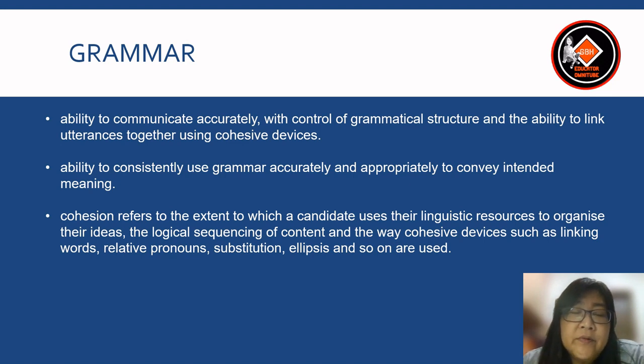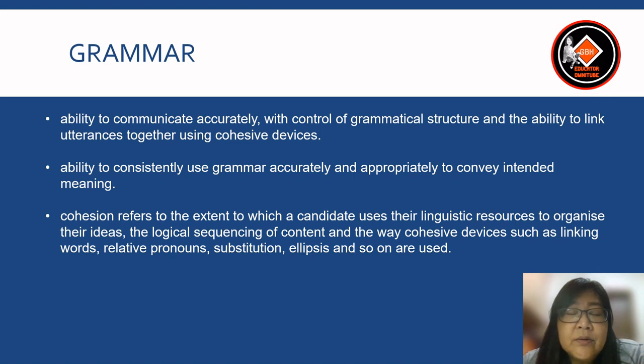Grammar also involves the ability to use grammar consistently, accurately and appropriately to convey intended meaning. The most important thing is to remember your tenses. Read the question properly and make sure that you use the correct tense, whether it is present tense or past tense.